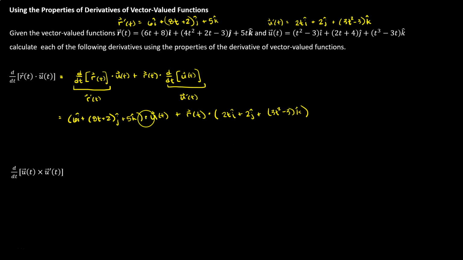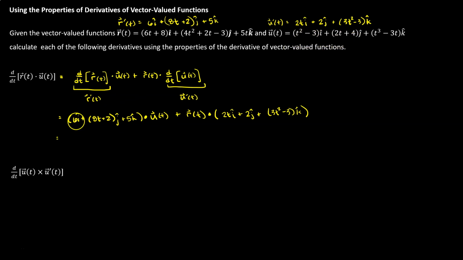And now we can evaluate our dot products. Maybe we want to go in and replace u and r with their definitions. That's up to you. I'm going to read it as this vector dotted with u, and I'm just going to pull the values of u from over here.